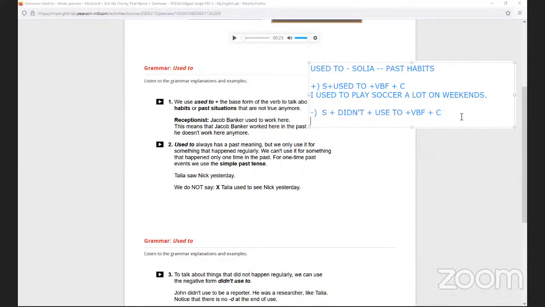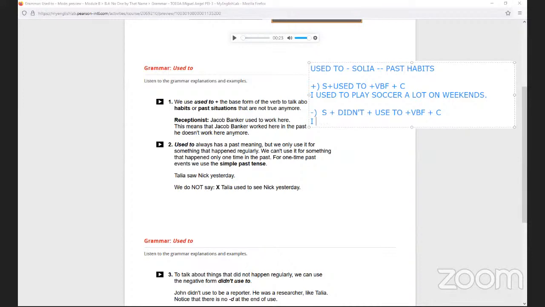I thought that the auxiliary used to was just to explain what one person used to do, and I didn't know that it could work with didn't.